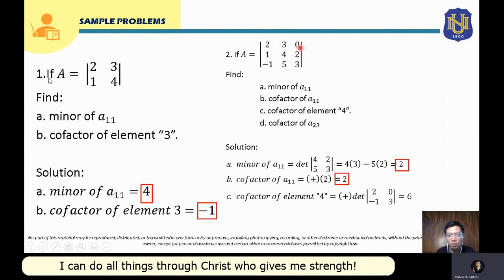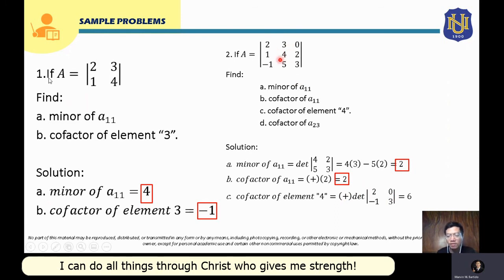So the remaining elements are 2, 0, negative 1, 3. We just have to solve for the determinant, and then multiply this minor by the sign convention for this element.